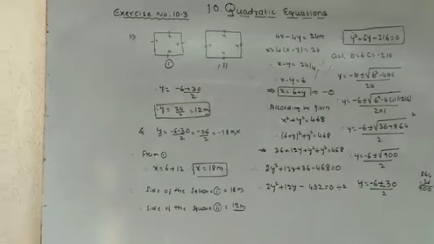Therefore, minus 6 plus or minus, easily we get 30.